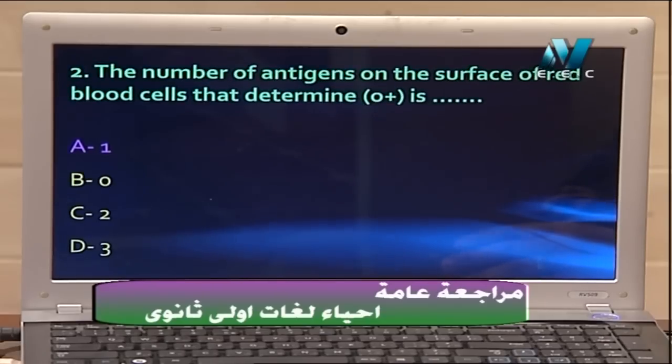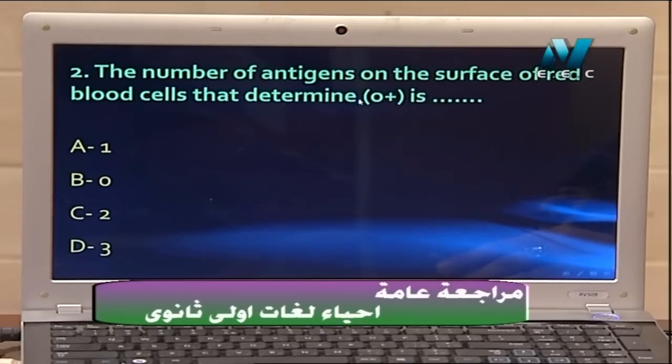Second question. The number of antigens on the surface of the red blood cell that determine O positive is. The antigens you studied before are found in the red blood cell.